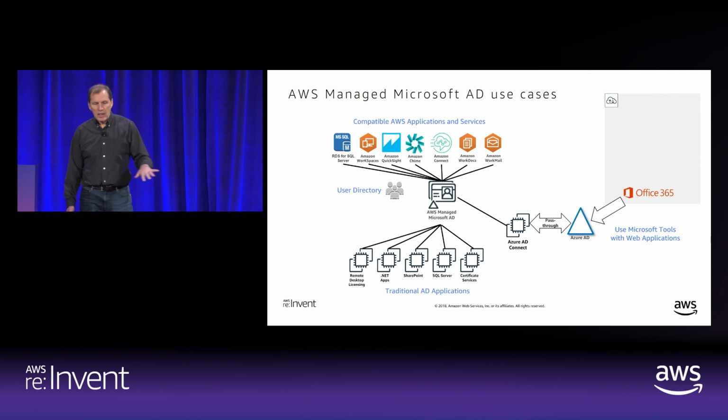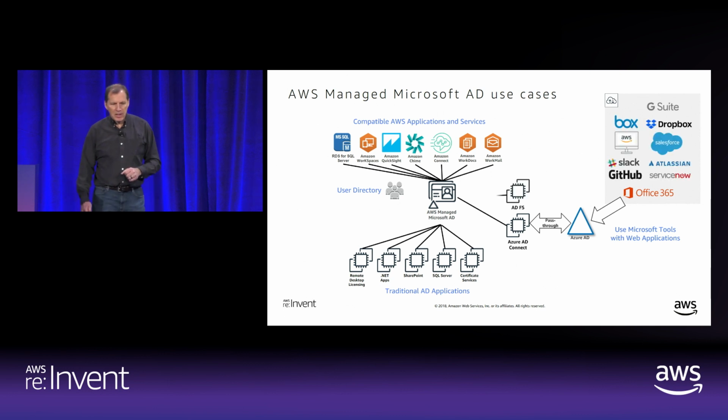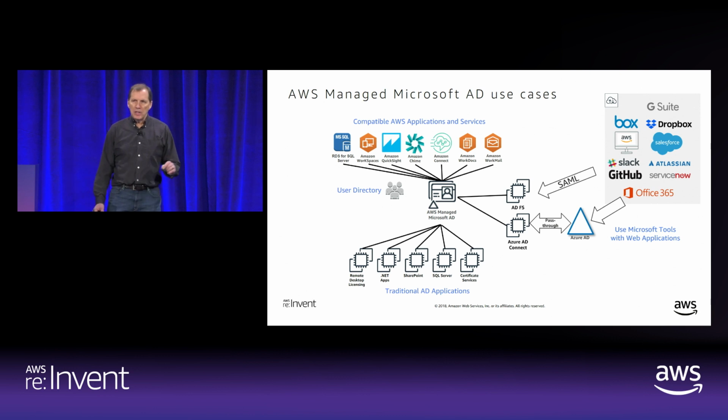That will synchronize the users up to Azure AD, and then your Office 365 users can sign in with their Active Directory credentials. If you're more advanced and you want to do SAML federated authentication to applications like Dropbox or Salesforce or GitHub or something like that, then you can install ADFS, AD Federation Services, on an EC2 instance and do that.